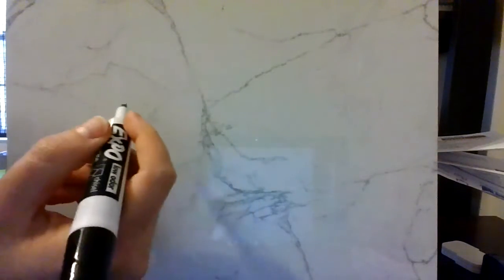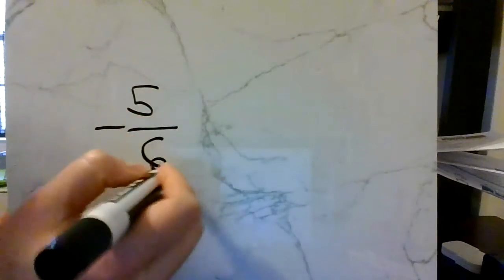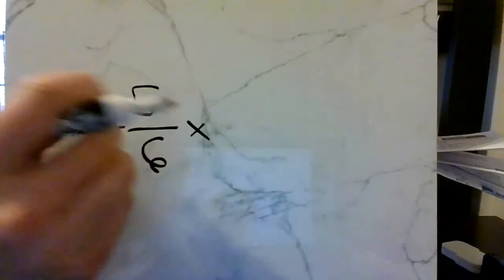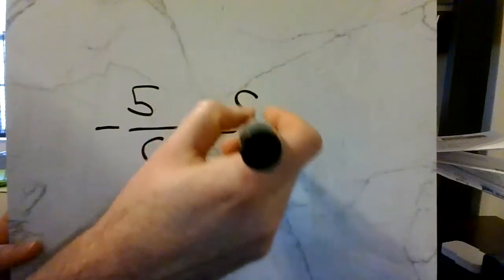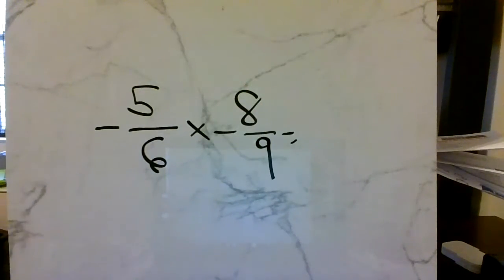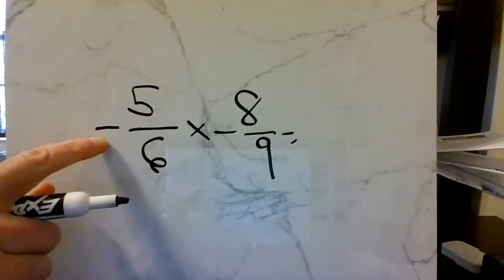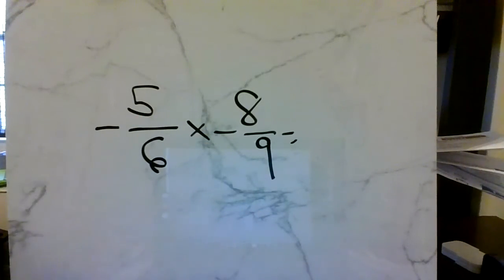Let's say that I've got negative 5/6 times negative 8/9, so a little bit bigger one. First thing I want to determine is, is it positive or negative? I've got a negative times a negative. That's 2 negatives, and in my rule, if it's an even number of negatives, my answer is going to be positive. So negative times negative is positive.